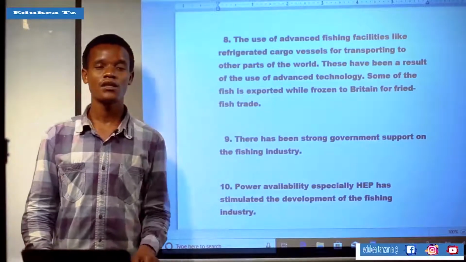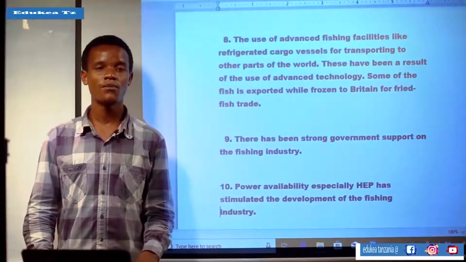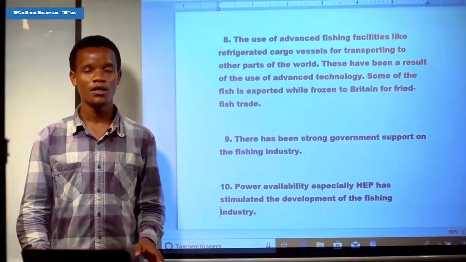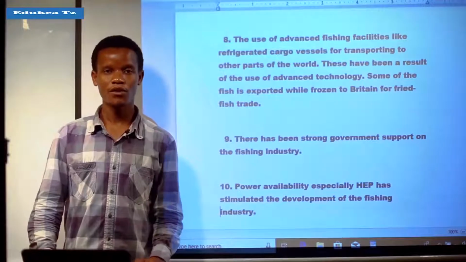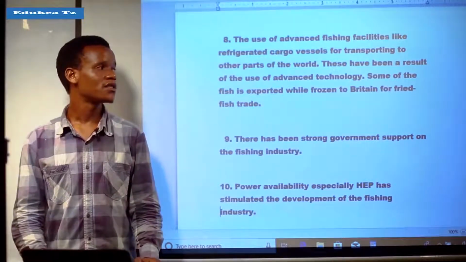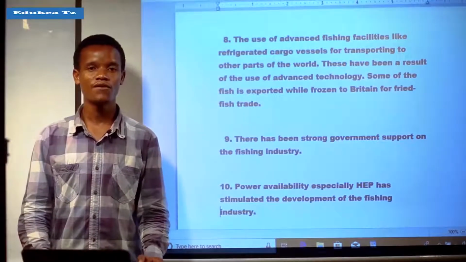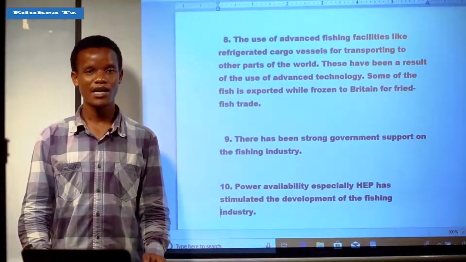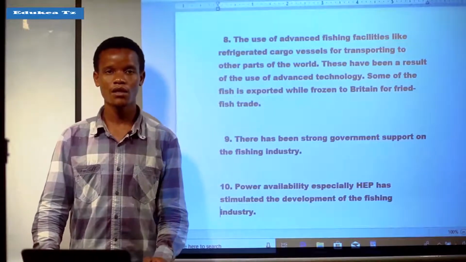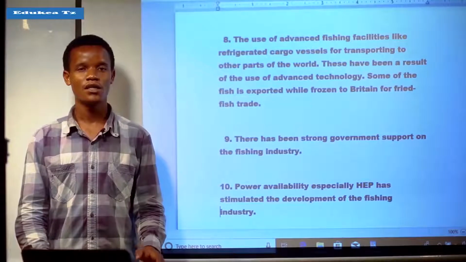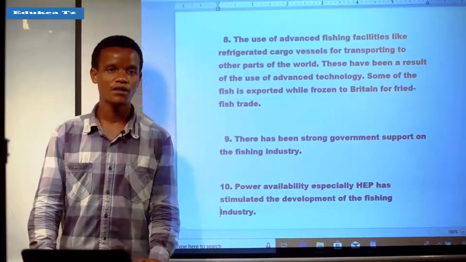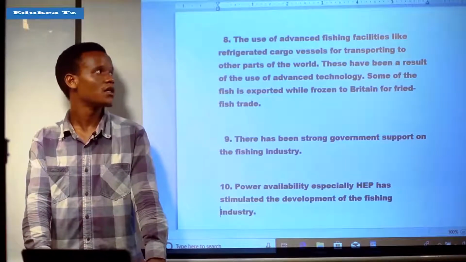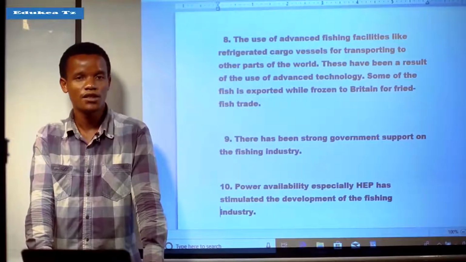As we know, Norway is among the countries that are developed economically. So the country of Norway has good facilities that are used in fishing activity. Due to advanced technology in the country, they have advanced facilities used in fishing activities.